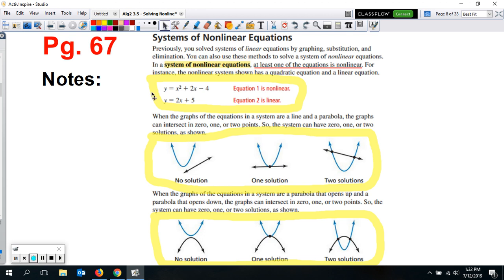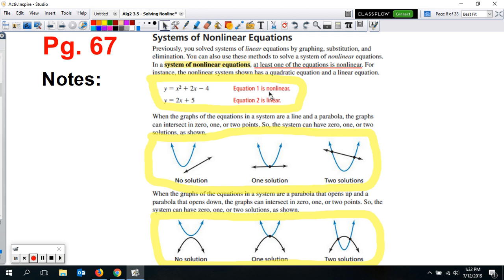So go ahead and write this down also next to that: this equation here, y equals x squared plus 2x minus 4, equation 1, is nonlinear, and then equation 2 is linear, like y equals mx plus b. You had 2x plus 5 there, and that equation 2 is linear. So at least one of these equations, the first one, is the nonlinear one.